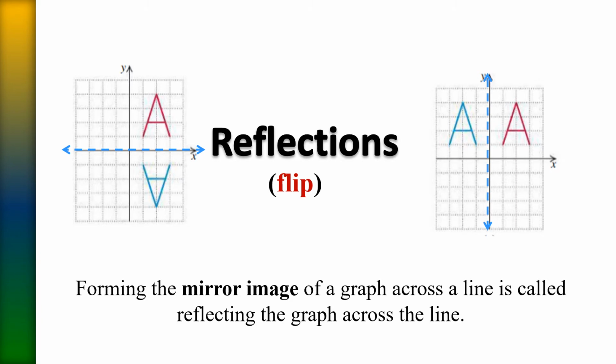When you fold it, it's a mirror image there. To the right, you'll see that the image was reflected about the y-axis, so it was reflected across y, which means the same thing as if you were to fold the paper the long way, you would see a mirror image of it.